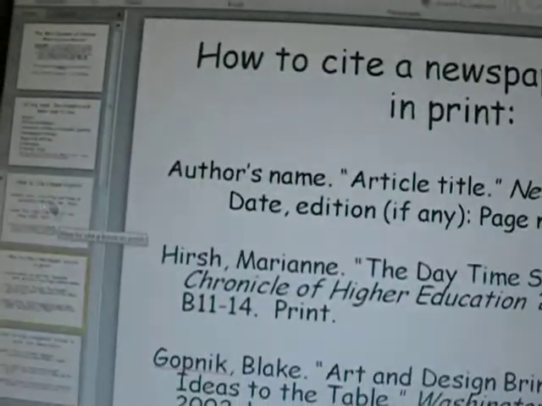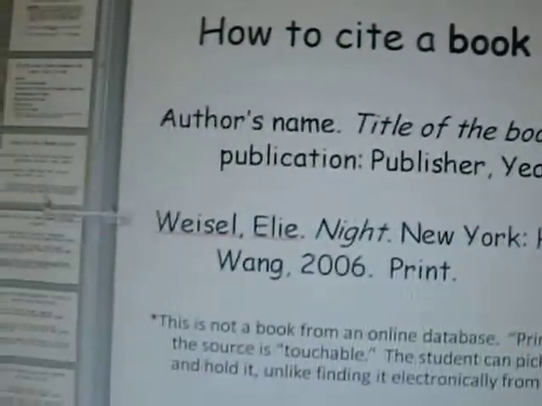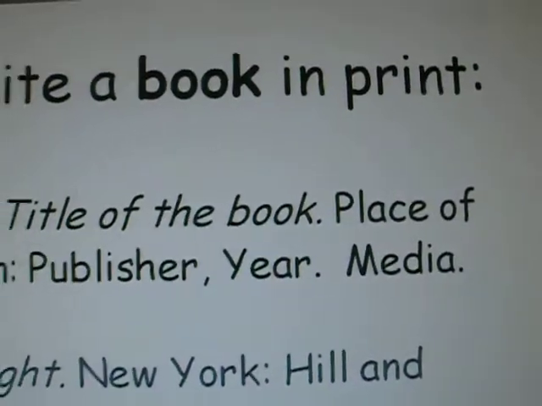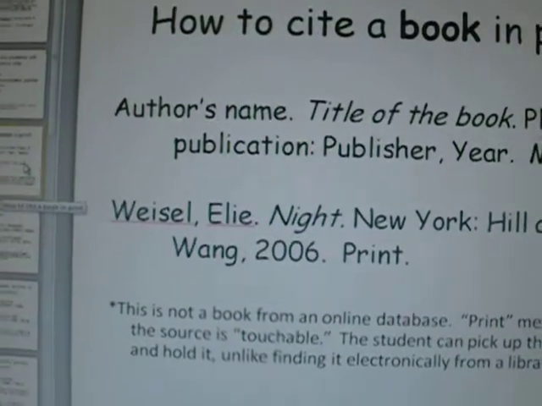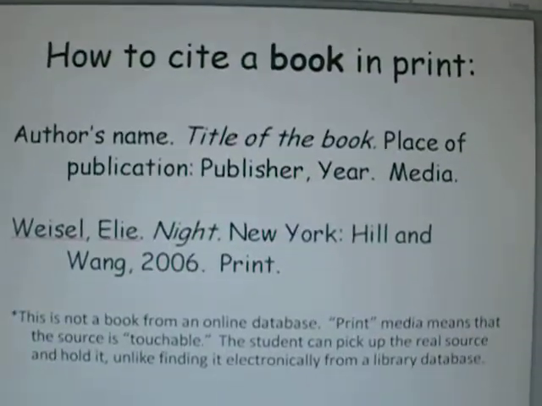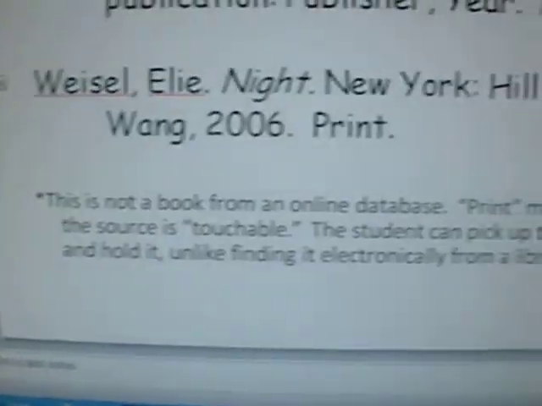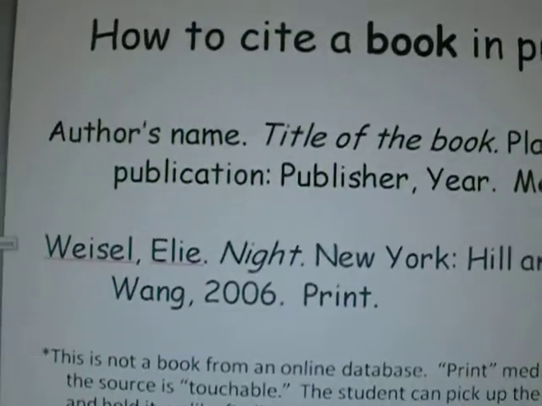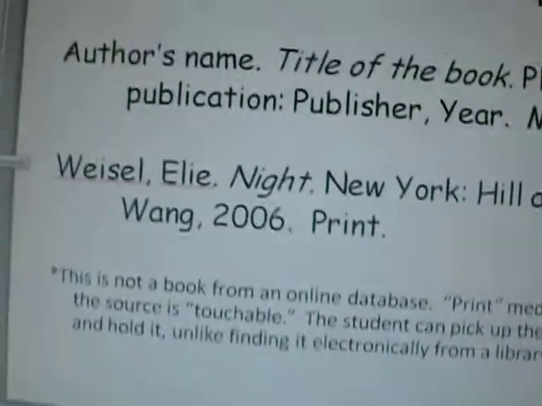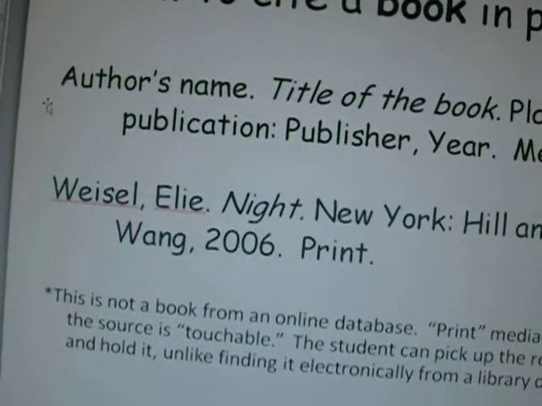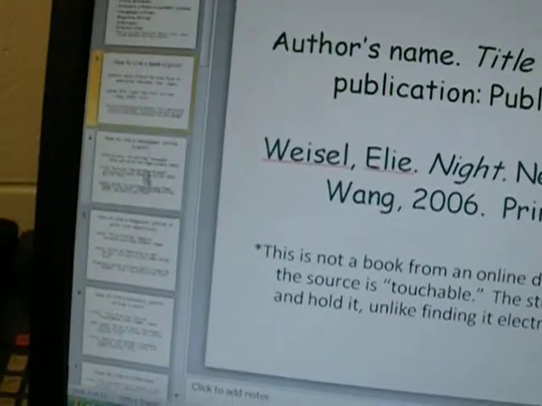Here's how to cite a newspaper, how to cite a book. These are in print right now. Remember, books or newspapers, magazines, or journals in print are what you can pick up and feel. Hopefully you've read this little disclaimer at the bottom. You will use these formats to carry over to online databases.